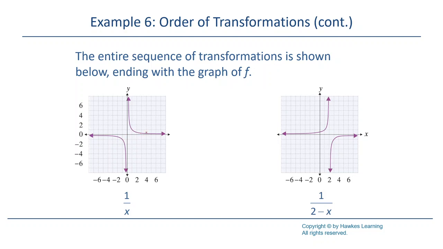So this value would get shifted over 2, this value would get shifted over 2, and so on. And then here, which again we said was the same as doing negative 1 over x minus 2.